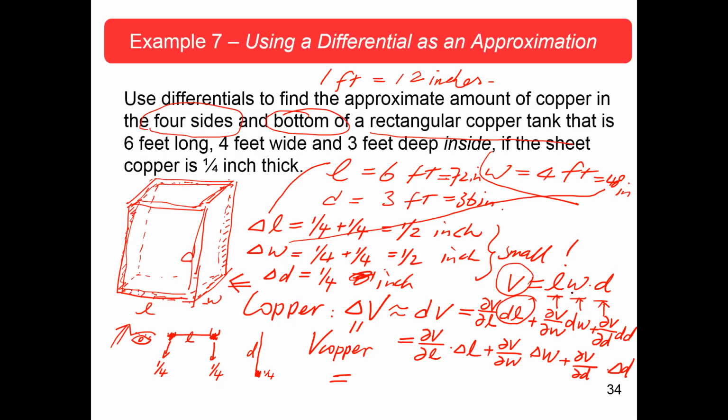So the derivative will be 1 times WD, so just WD, because the derivative of length with respect to length is 1. So WD times delta L plus partial V, partial W, same thing: LD, length times depth, times delta W. Partial V, partial D will be length times width times delta D.